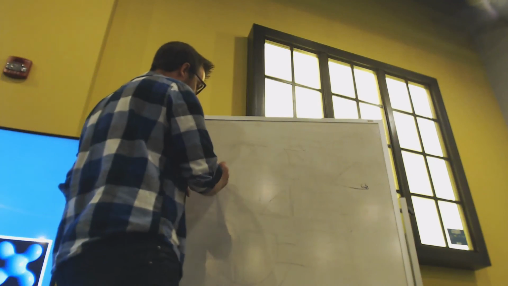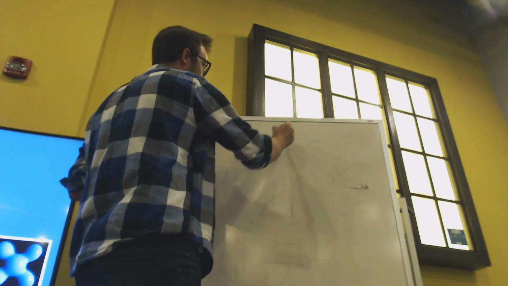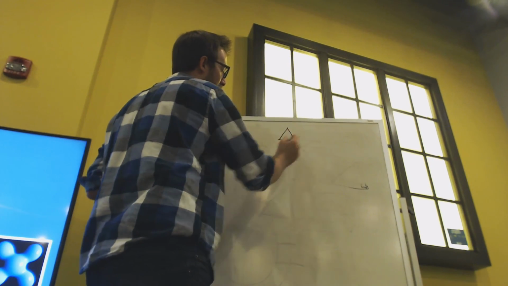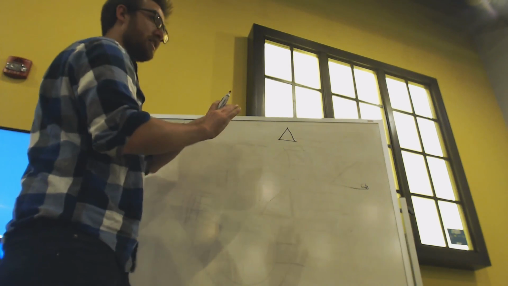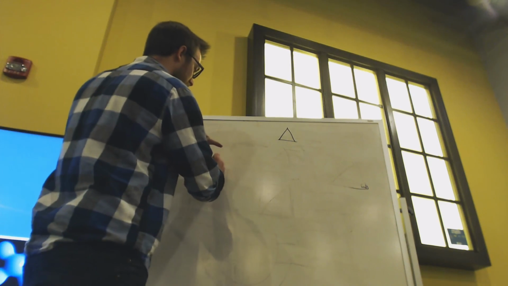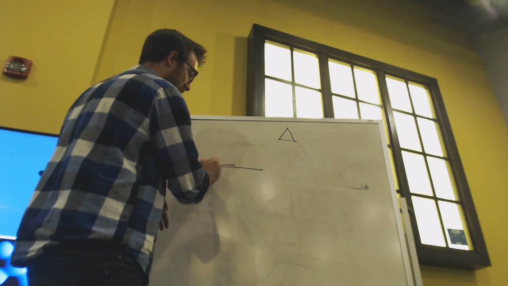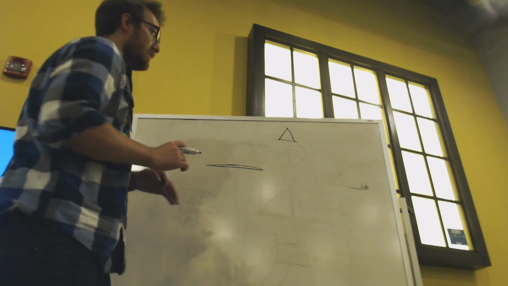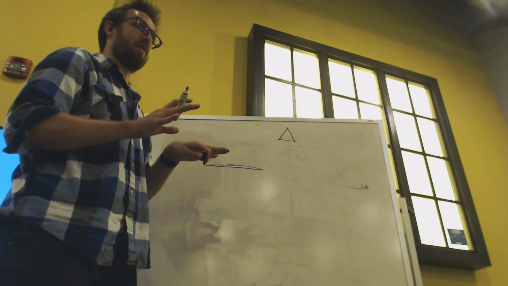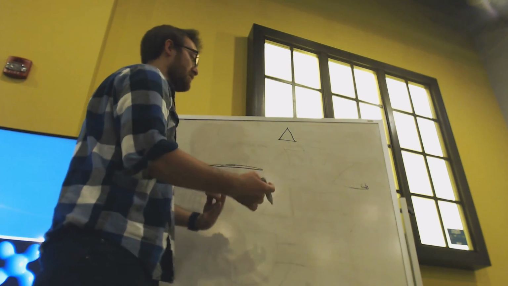Okay, so for diffuse lighting, you have to imagine, let's say we've got this triangle. Now imagine this triangle laying flat, so we're just going to draw a straight line for it. So this is the triangle laying flat on the ground here. Now we talked about what a normal was, and how to normalize a vector.